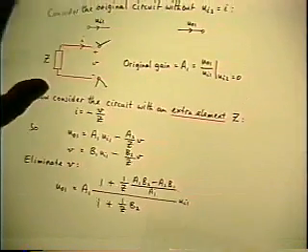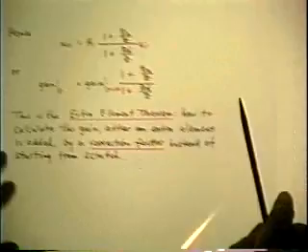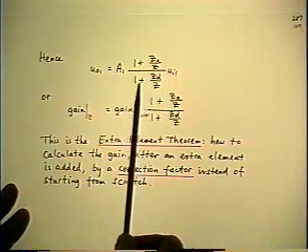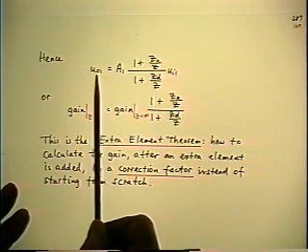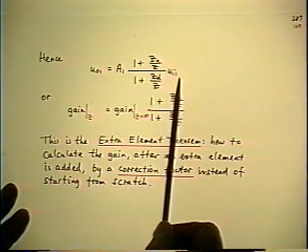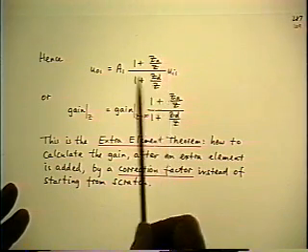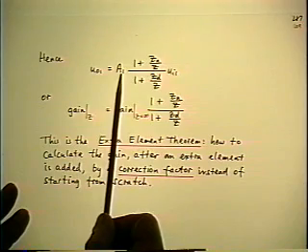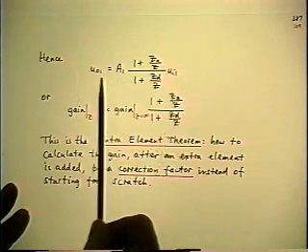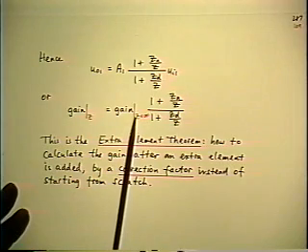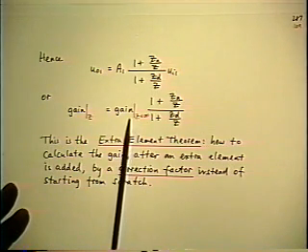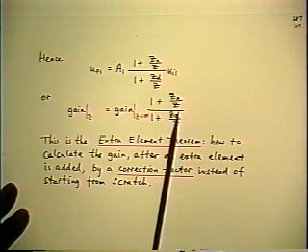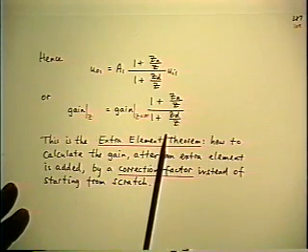So if I make that substitution, you get this line, and you see what this says is output number 1 divided by input number 1 in the presence of the element Z is equal to A1, which is the same ratio of output number 1 to input number 1 before the Z was applied, multiplied by a correction factor. And that is the extra element theorem.